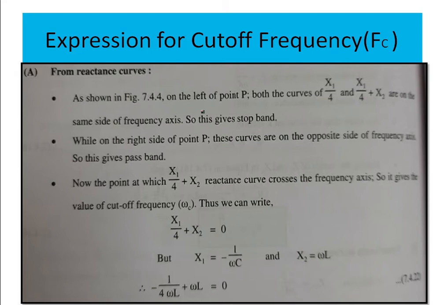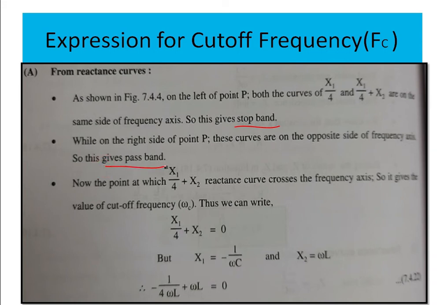So with reference to the diagram, on the left of the point P, both curves X1/4 and X1/4 plus X2 are on the same side of the frequency axis. So this gives the stop band. While on the right side of the point P, the curves are on the opposite sides of the frequency axis, so it gives the pass band.